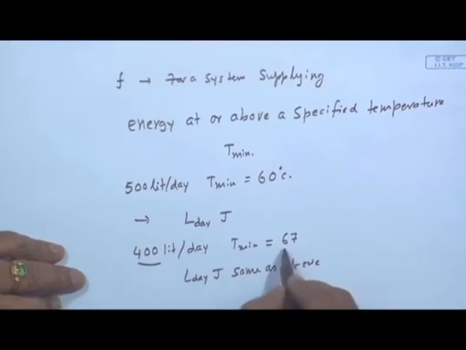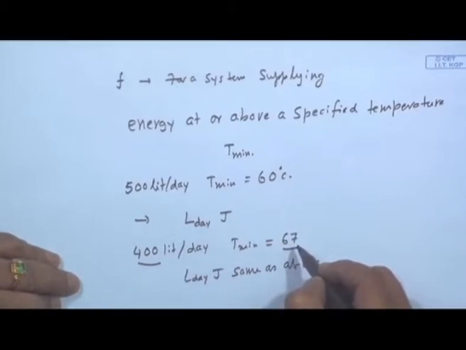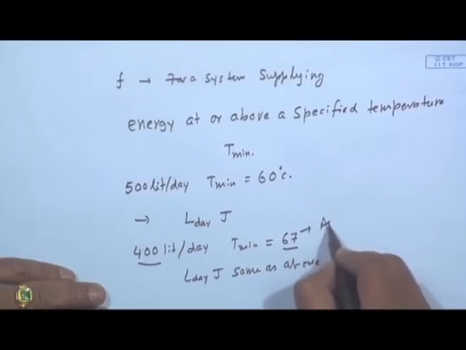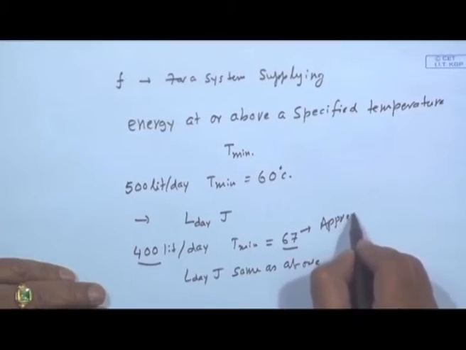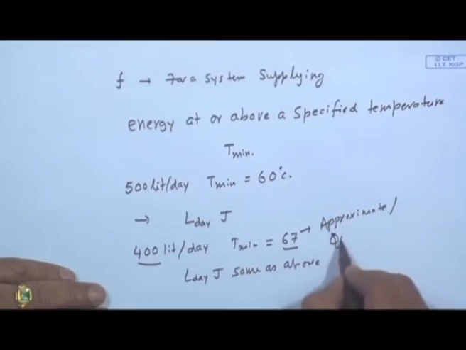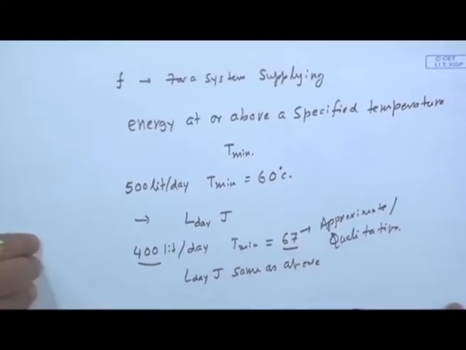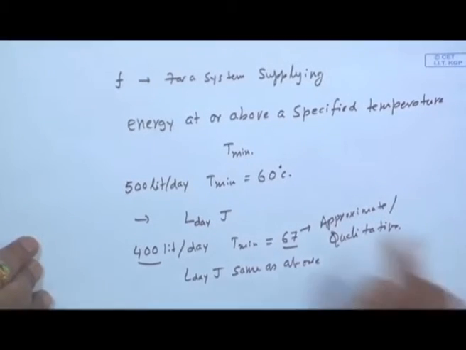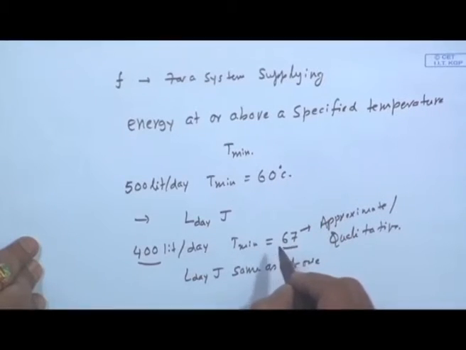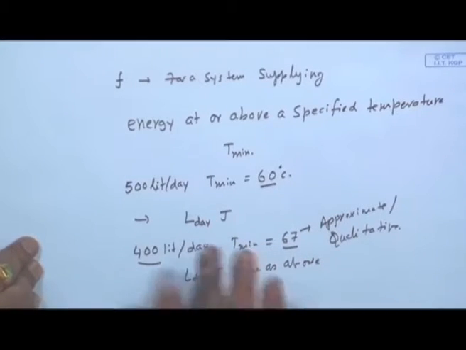Lower capacity, higher temperature. Because there will be a mains temperature involved, I did not directly proportionate it. This is some sort of an approximate and qualitative estimate. Not that I have calculated the 67 number, but we know that this T minimum should be higher, since the capacity is less for a given load.